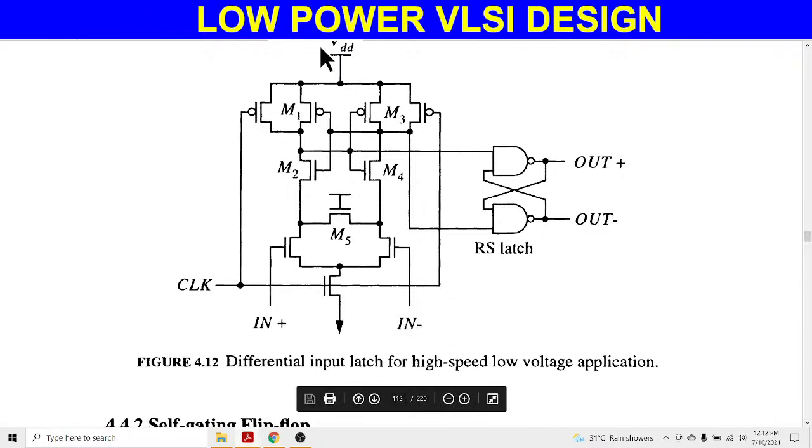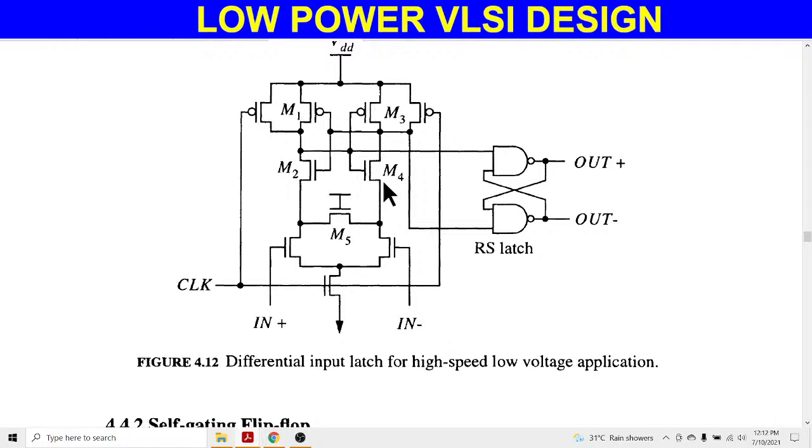When we connect latches with some modified circuitry, the speed of this flip-flop becomes high, but because of the number of components, the area and the power dissipation will be high. So when we need to increase the speed of any operation, at that time we connect this differential flip-flop there.